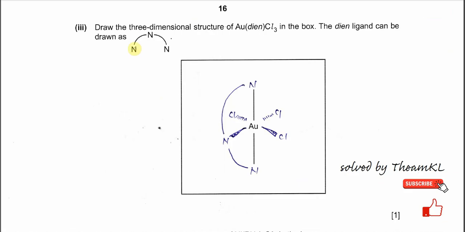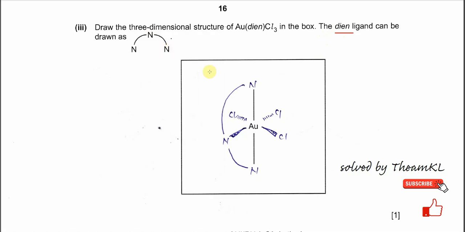Part 3. Draw the 3-dimensional structure of the gold with diene and 3 chlorides. This one has no charge now, so there is no need to put the square bracket with charge. Okay, the diene ligand you can just draw like this, the 3 N like this.